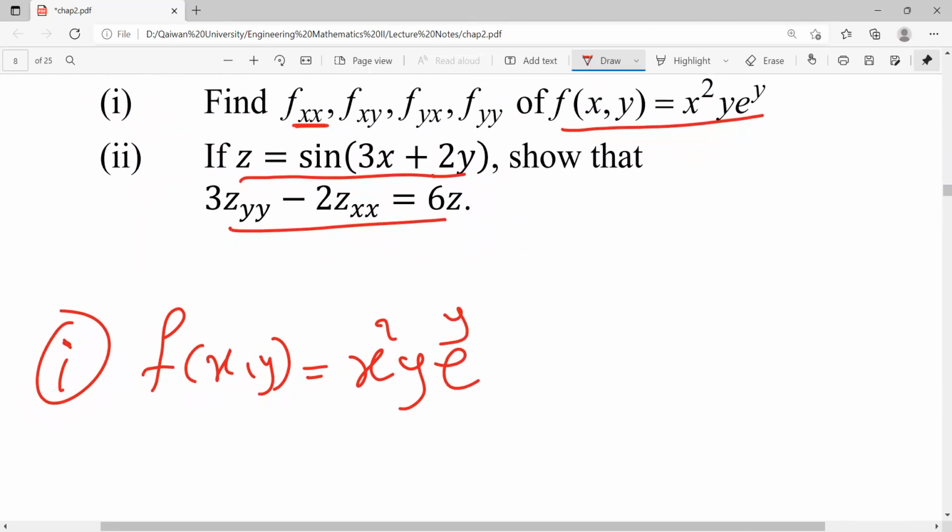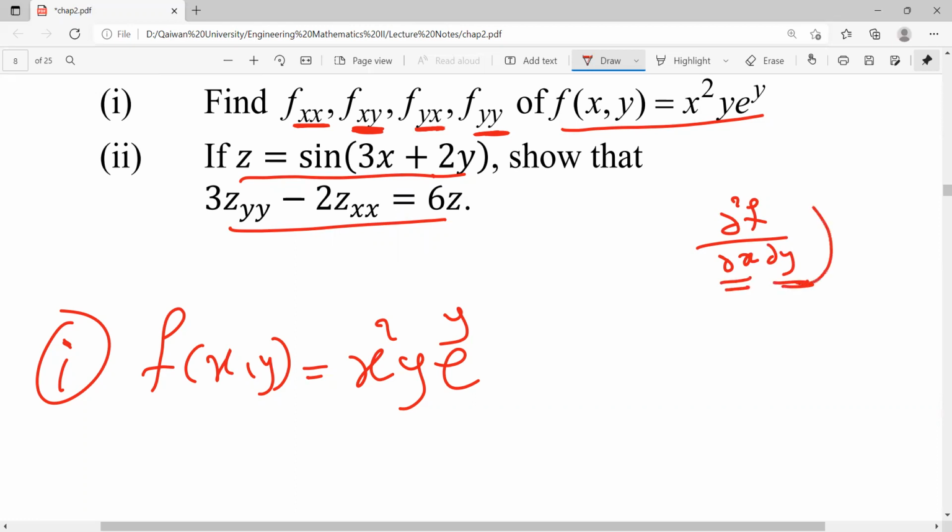For this one, we take both partial derivatives with respect to x. And for this one, we take the first partial derivative with respect to x and the second with respect to y. In this one, first with respect to y and second with respect to x. This, both with respect to y. So if we are asked to find partial squared f by partial x partial y, which one do we take first? In this form, we take this one first and then this one.